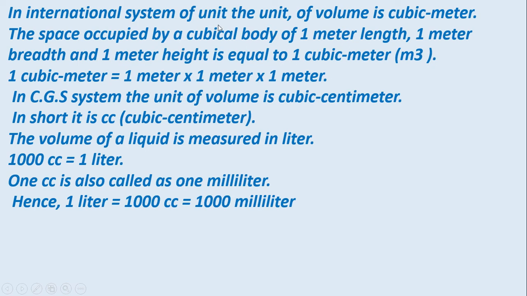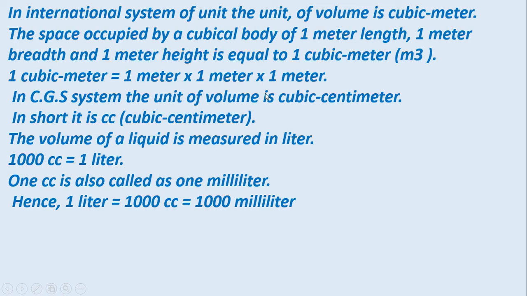Cubical body means whose length, breadth, height all are of the same length. 1 cubic meter equals 1 meter into 1 meter into 1 meter. That means its length is 1 meter, breadth is 1 meter and height is also 1 meter. So it becomes 1 cubic meter, that is, meter cube.